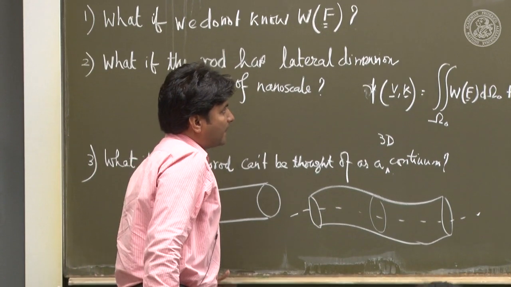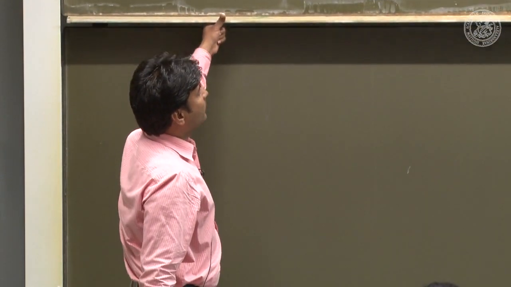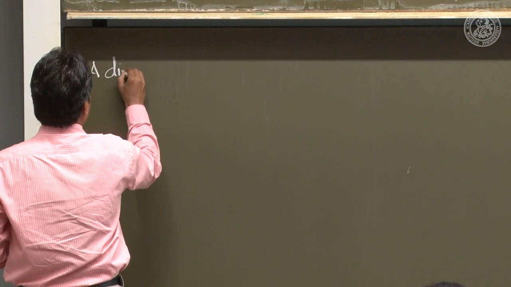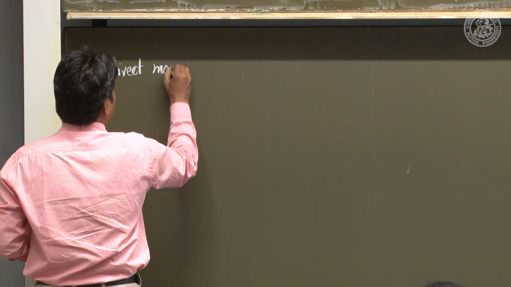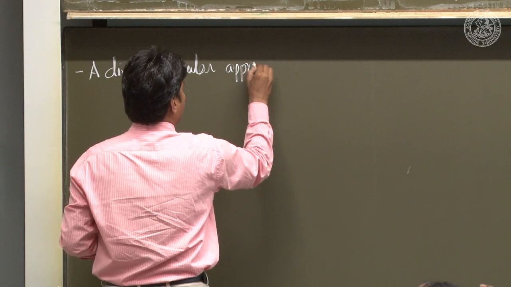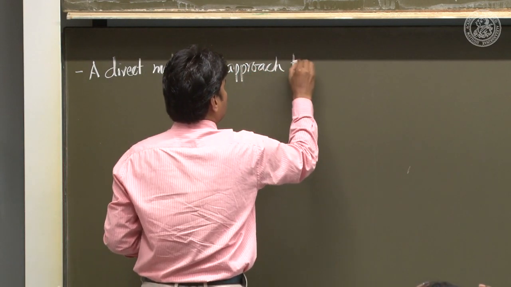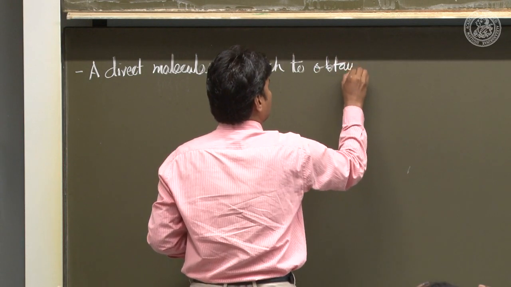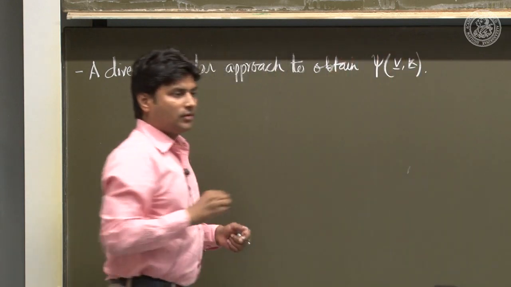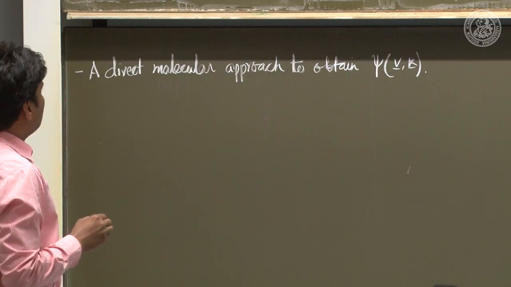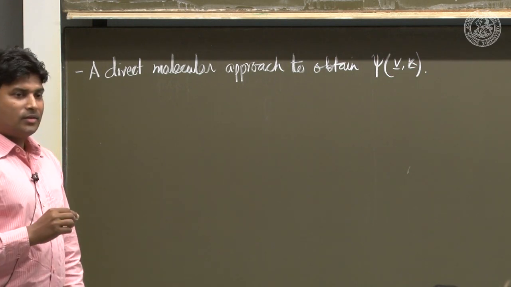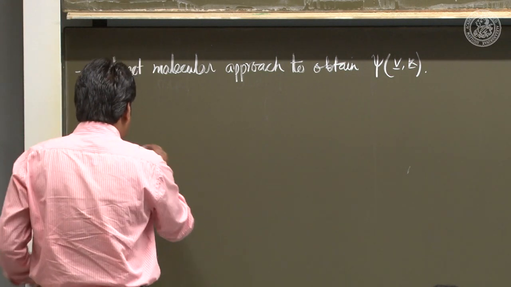Okay, so a direct molecular approach to obtain psi of v comma k. All right, so what should we do now? So, let us think of your nanorod.